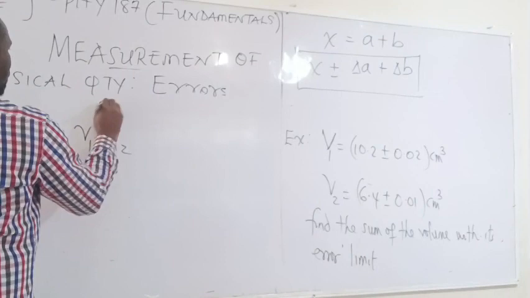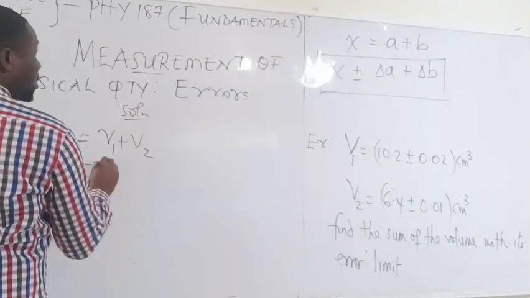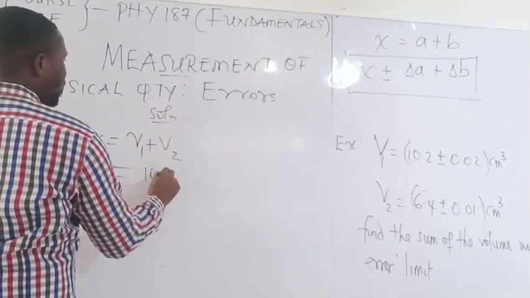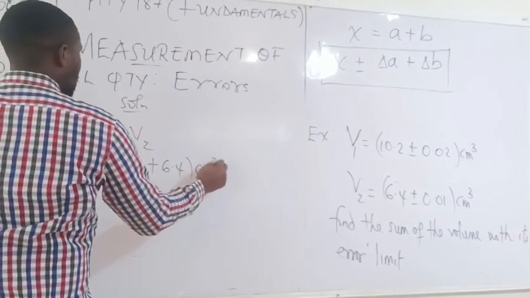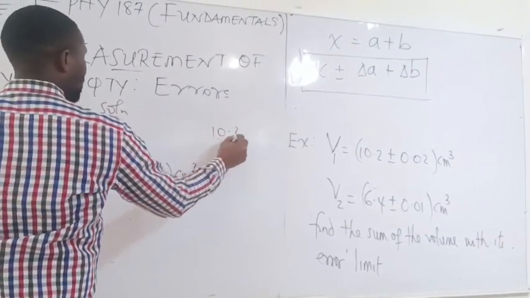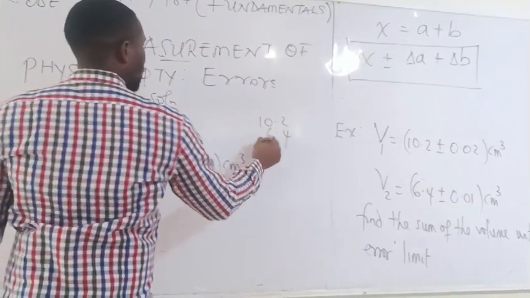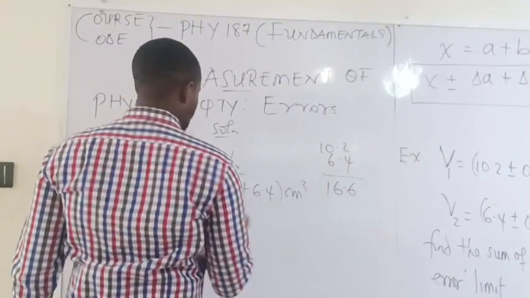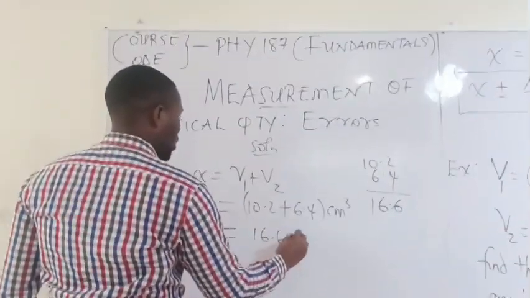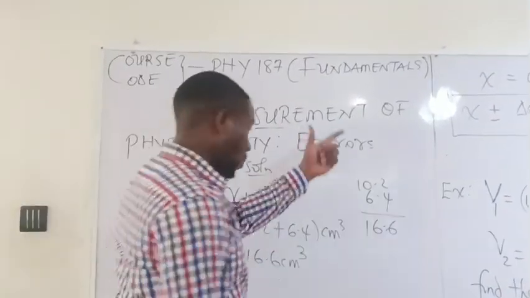This is the solution. v1 is 10.2, then v2 is 6.4, all in cubic centimeter. Now 10.2 plus 6.4 is 16.6, so this is 16.6 cubic centimeter. That is the sum of the volume.